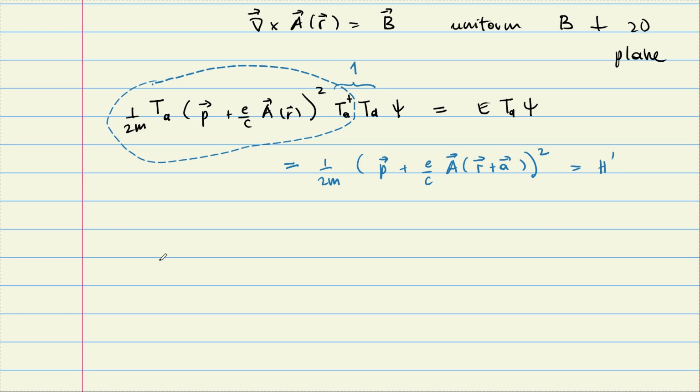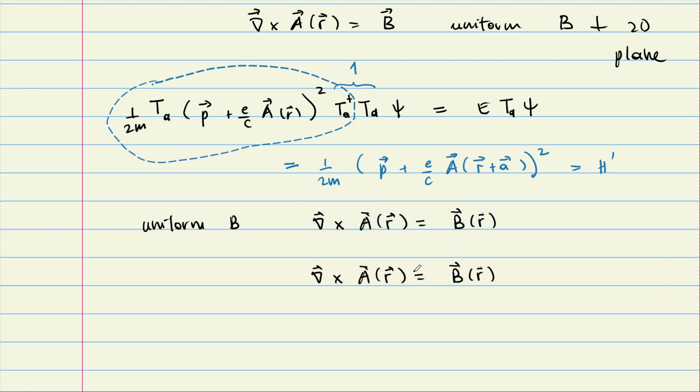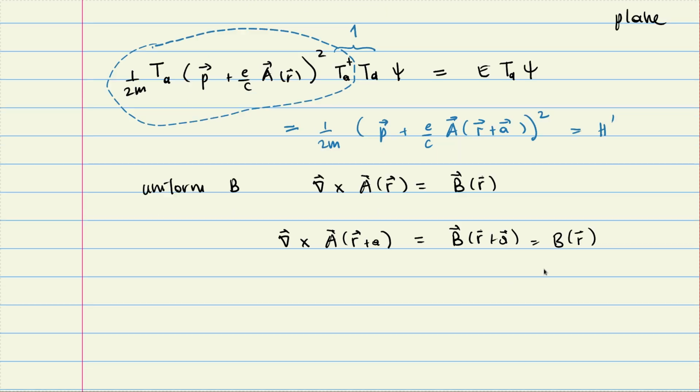And now coming back to uniform B. Uniform B means del cross A of r is B of r, but we have to keep in mind B is uniform. Wherever I see r, I can just write B of r plus a. But B of r plus a is equal to B of r. That's the meaning of constant magnetic field.